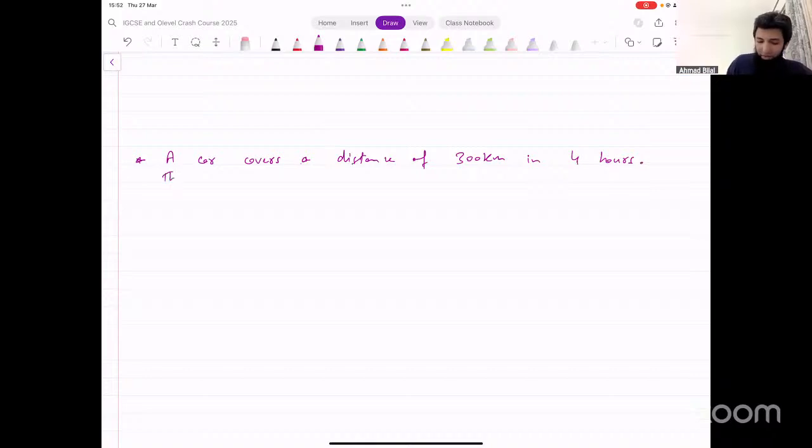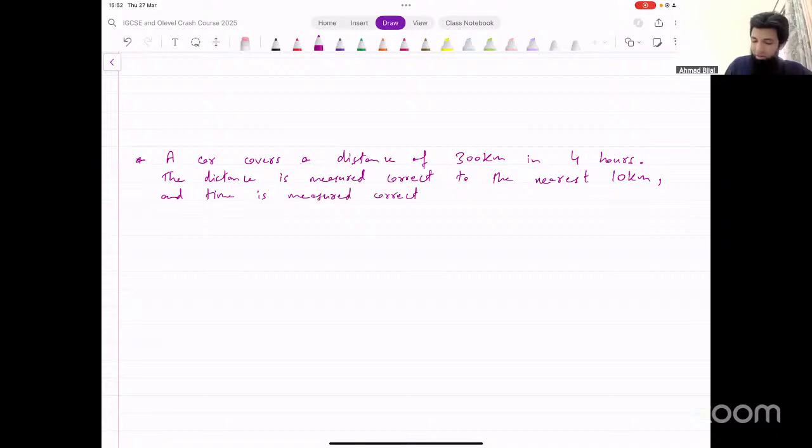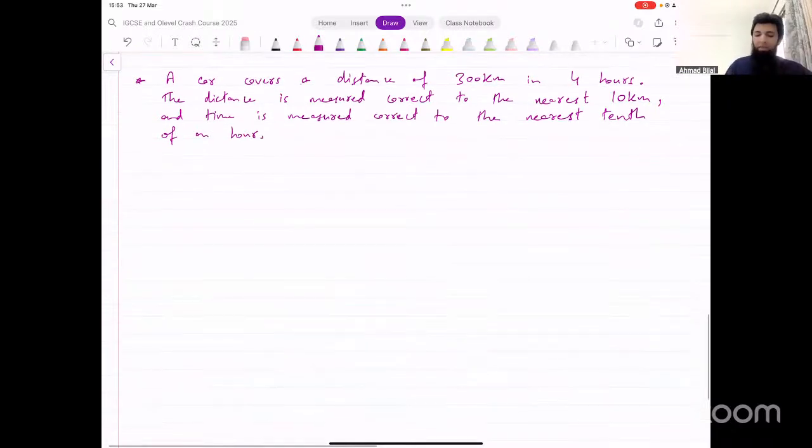Now, the distance that we have here is measured correct to the nearest ten kilometers, and the time is measured correct to the nearest tenth of an hour. Okay, now how do we think about this?